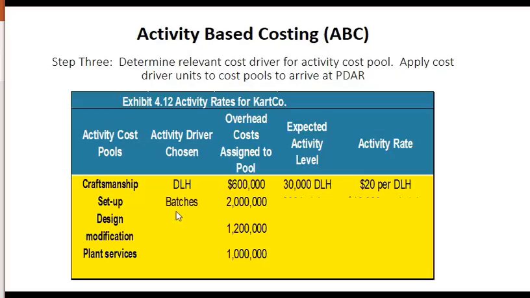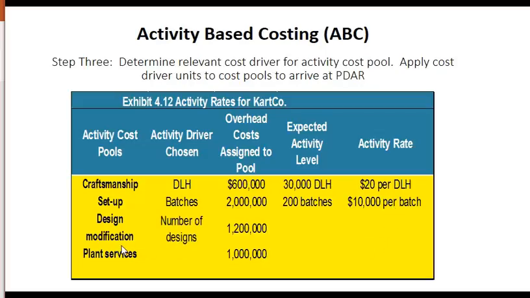Setup is going to be by batches. That's my activity for setup, and my overhead costs to be assigned are $2 million. My expected activity level is 200 batches, so I divide the 200 batches into my overhead cost pool of $2 million, and my activity rate is $10,000 per batch.